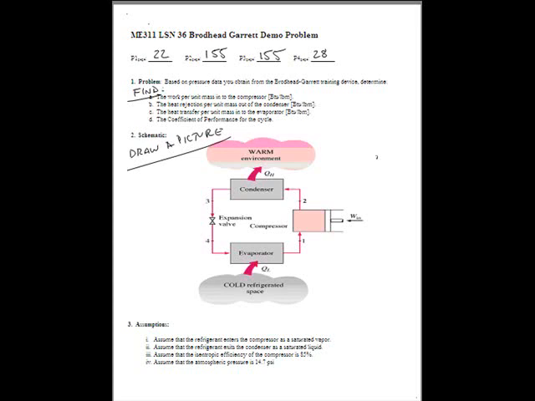Alright, so using our assumptions, we know that the atmospheric pressure is 14.7, the isentropic compressor efficiency is equal to 85%.